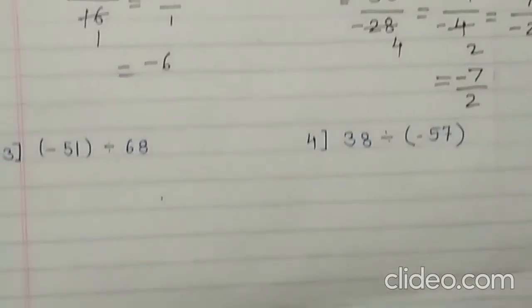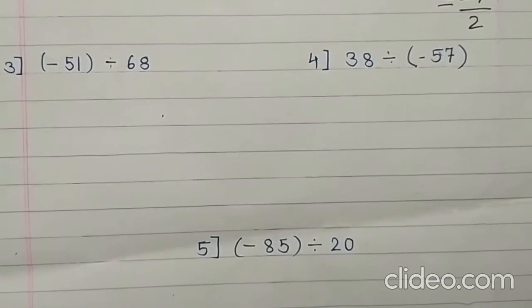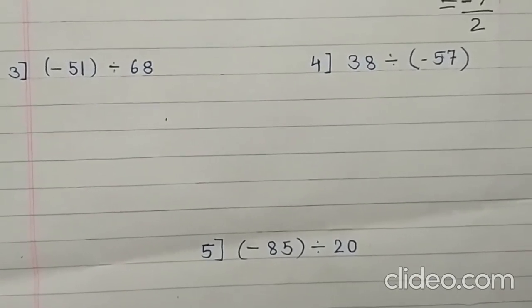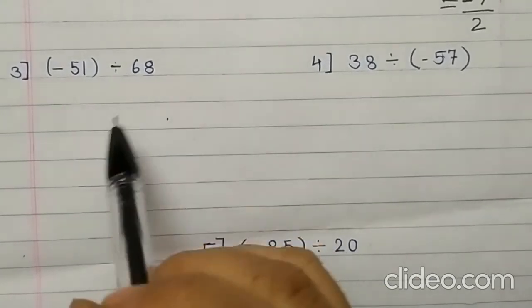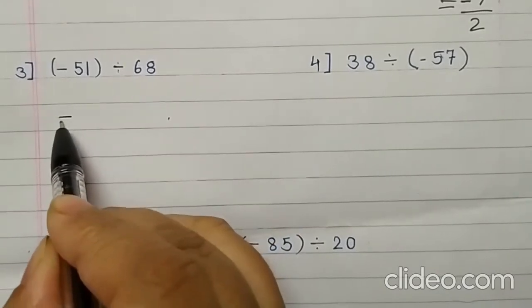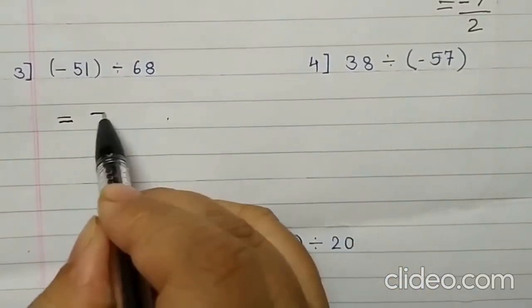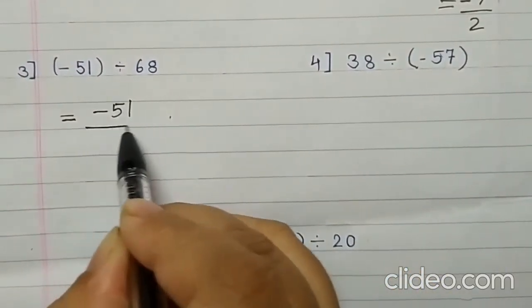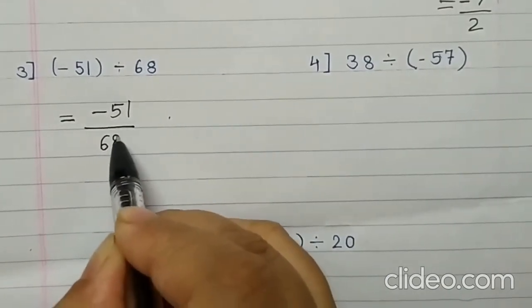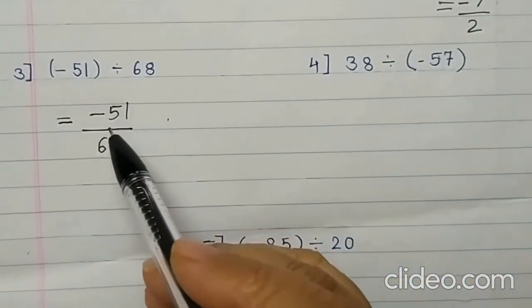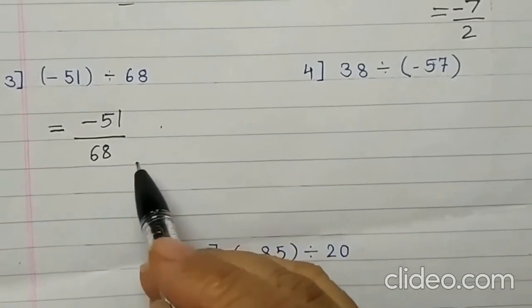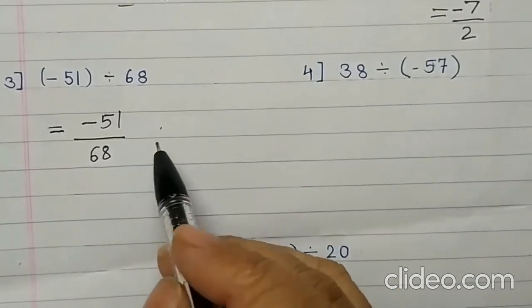Let's solve the third one. The third example is minus 51 divided by 68. Both these numbers come in the 17 table, right?